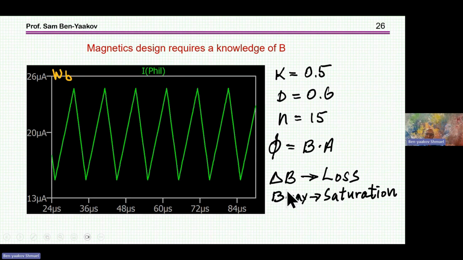And the magnetic flux density is flux over area, so if I know the flux, I can, just as an example, select the cross-section area that I need. This is very, very important information, first of all for understanding what is going on, the losses and other aspects, and also for the design.